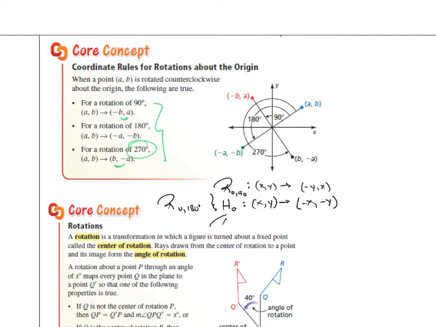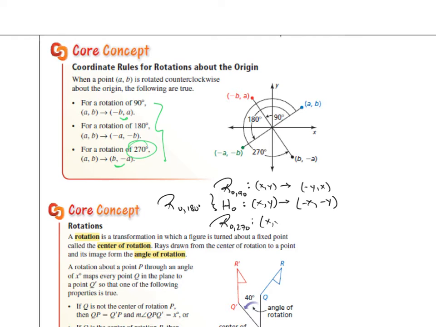And then we'll recap with the last one, a rotation. This time let's do 270 degrees. Oops, I forgot to put the origin there. So let's put about the origin 270 degrees.